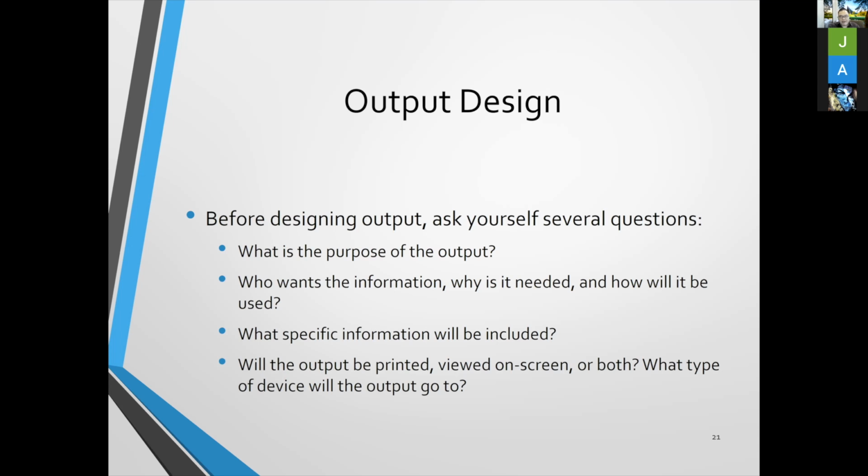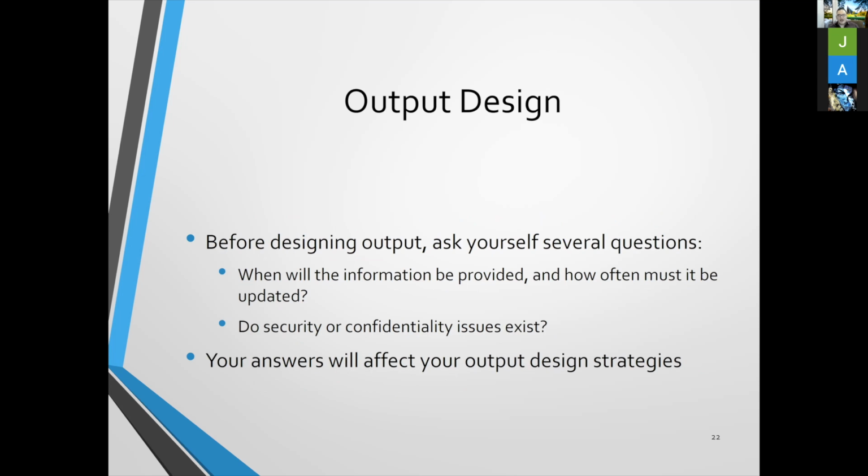After we have this, you have to ask yourself and ask the users when the information will be provided and how often it must be updated. Is it daily? Is it weekly? Or is it monthly?